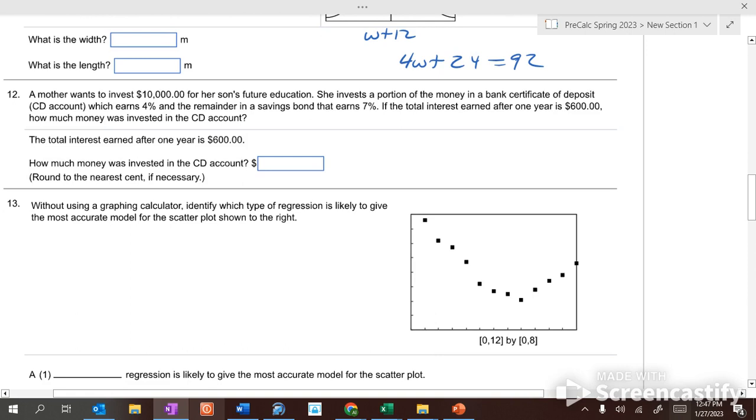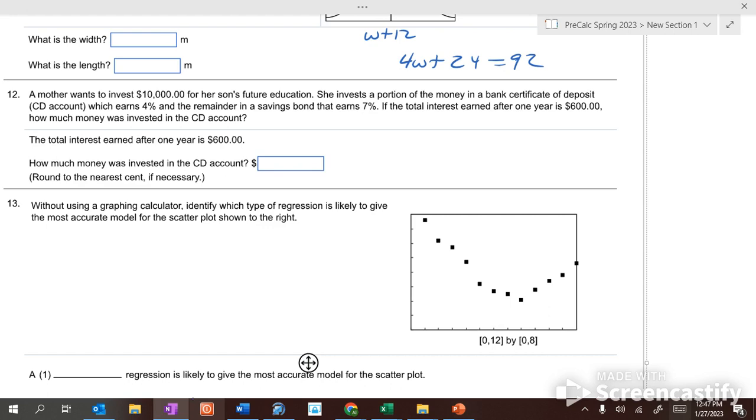A mother wants to invest $10,000 in her son's education. Part earns 4%, part earns 7%. The total interest after 1 year is $600. How much was invested in each? Okay.